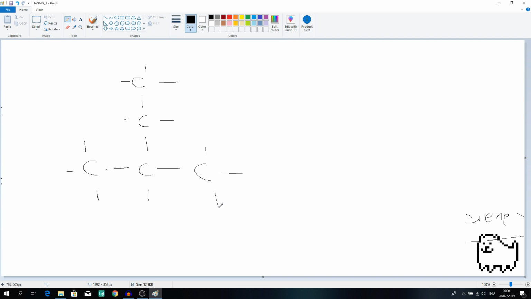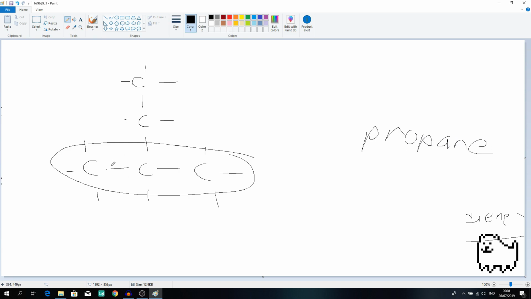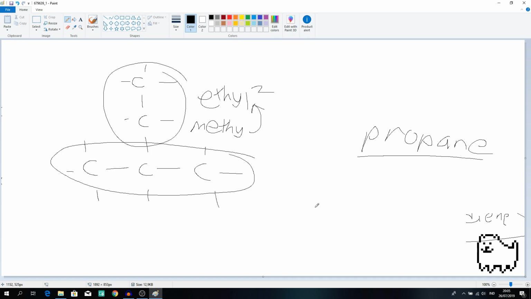If you were to go by your usual instincts, probably you would immediately look at this thing here and say propane, 3 carbons, single bond, propane. And you'd look at this and you'd be like, that's an ethyl group because 2 carbons instead of 1, like the methyl group. So maybe I'm just guessing, you would immediately assume, oh, that's just ethyl propane.